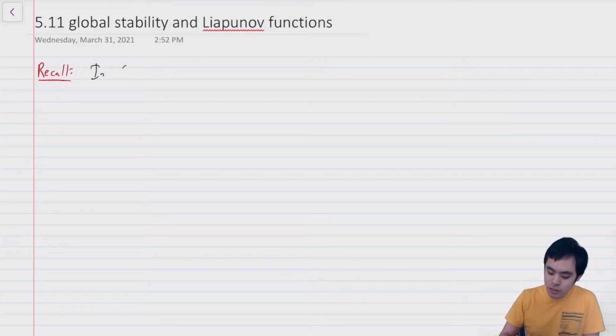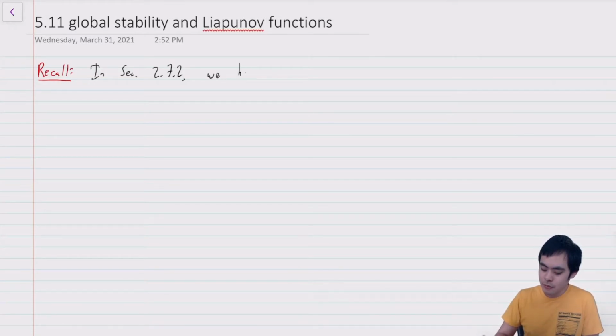So in section 2.7.2, we defined something called Lyapunov exponents for difference equations. So let me just remind you what those were.